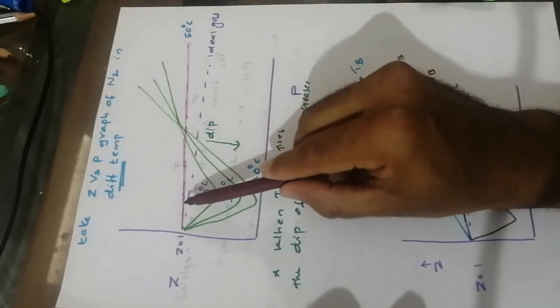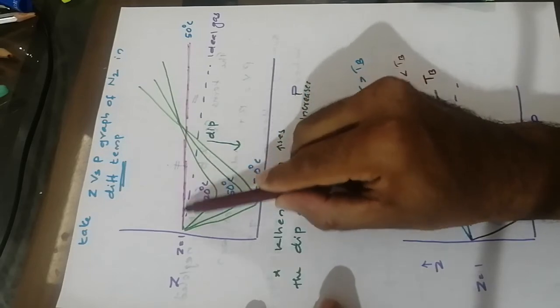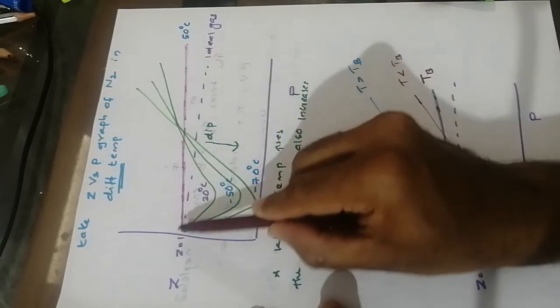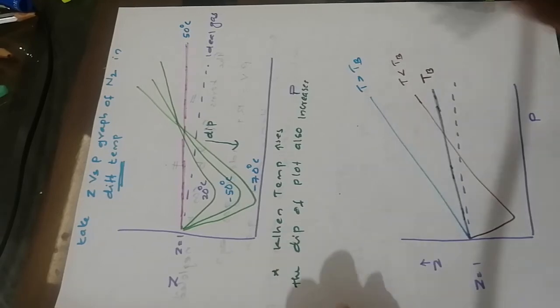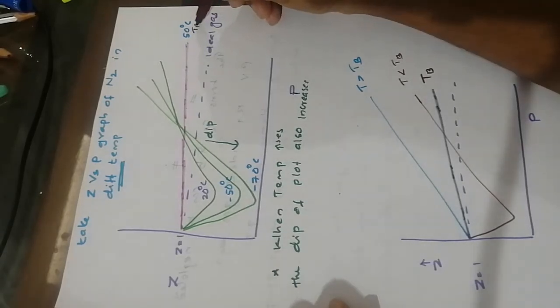At a particular temperature, there is no more dip and the plot is almost horizontal, like the ideal graph of the ideal gas. That temperature is called the Boyle temperature. This is TB, the Boyle temperature.